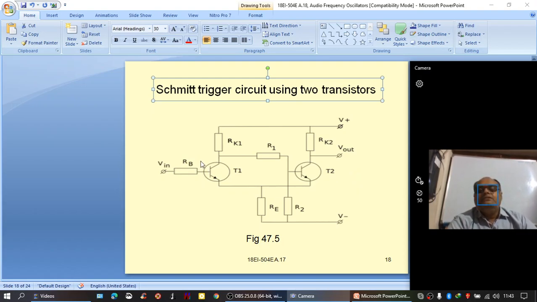But when the sinusoidal voltage falls below a certain level, automatically this transistor would turn off and this transistor would turn on. So here the output will go once again high.